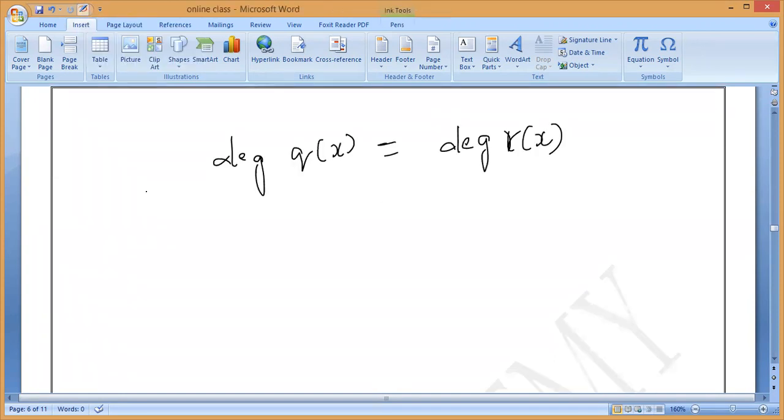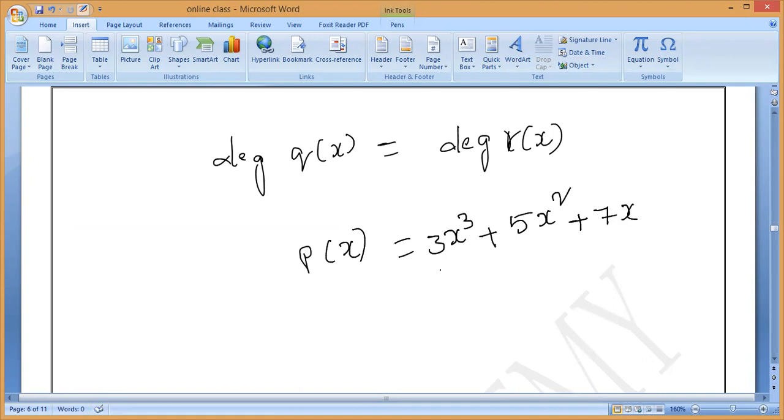So let us see. For example, let us take P of x equal to 3x cube plus 5x square plus 7x plus 1. This is our polynomial, whatever you take for P of x.